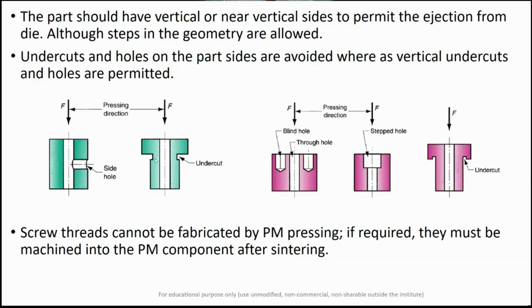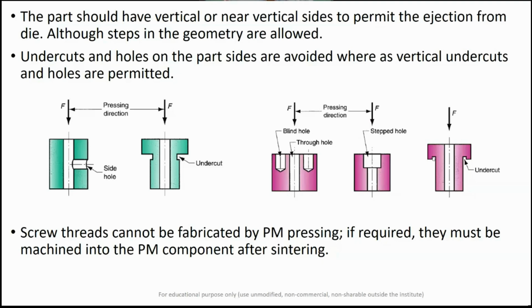Similarly, this type of undercut is also not allowed, because once the part has consolidated, providing such undercuts would require some features on the internal side of the die, and that would act as a barrier during the ejection. So features like side holes and undercuts are not allowed.